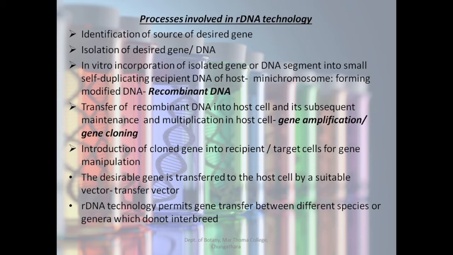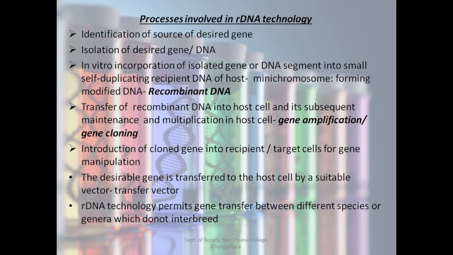In the third step, the in vitro incorporation of the isolated gene or DNA segment into a small self-duplicating recipient DNA is done. Here, many mini chromosomes or vectors are used. This combination of the desired gene with the mini chromosome is known as recombinant DNA, and this process is recombinant DNA technology.